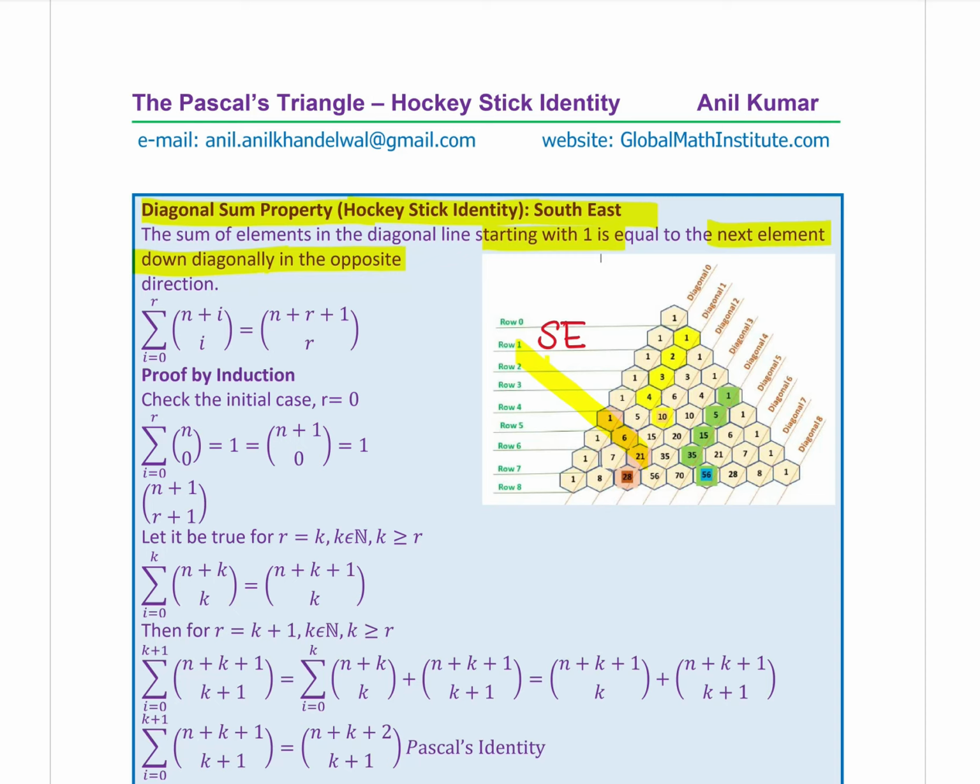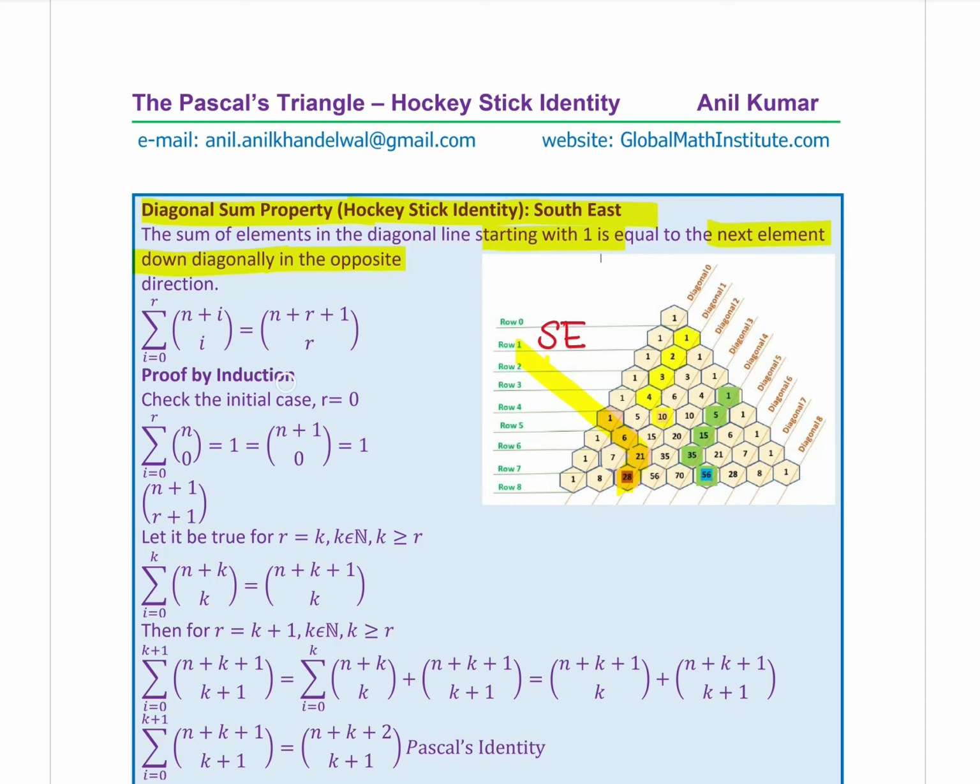The sum finally will land up here in the opposite direction as shown in the highlight color of red, right? So you could write this in sigma notation in general as sigma, where i changes from 0 to r, of n plus i Ci, is equal to n plus r plus 1 Cr, right? So that is what we need to prove.